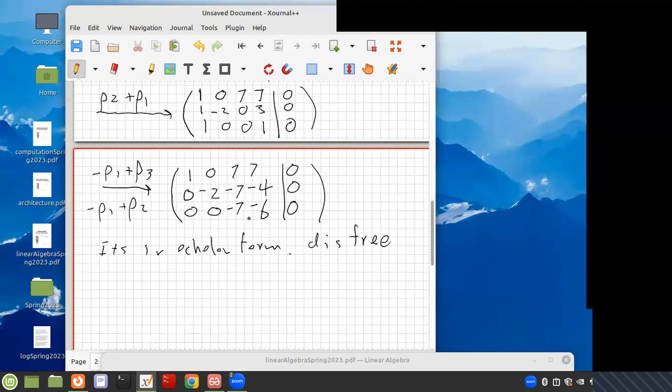What that means is that we can find a non-zero connection between some of these ones here. So let's go through and write down the last equation: minus 7C minus 6D equals 0.